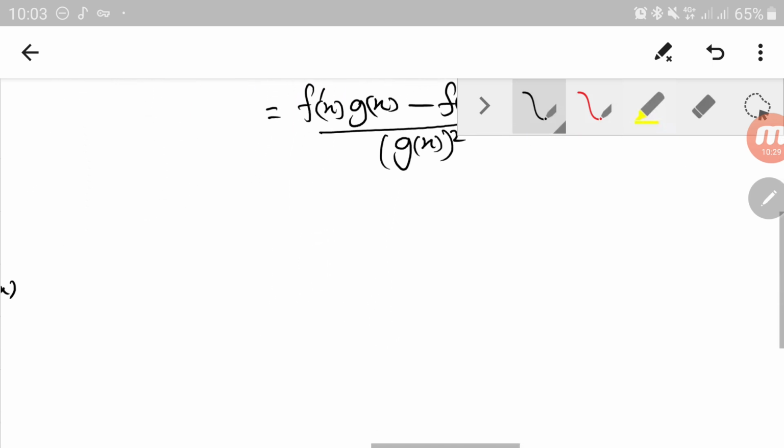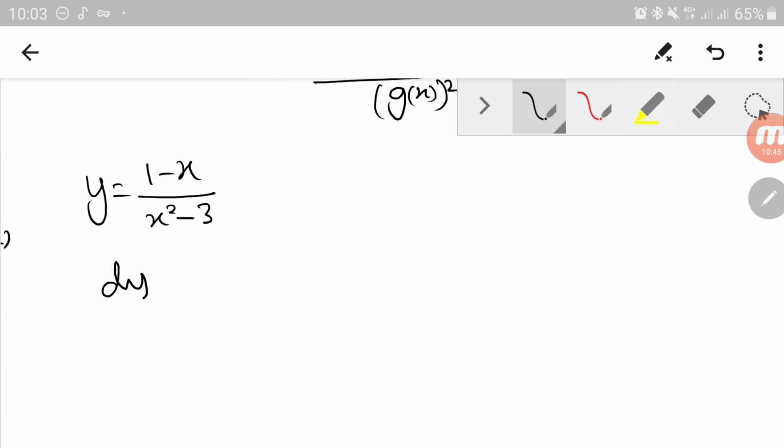Okay, so maybe one example: y equals (1 minus x) over (x squared minus 3). For this one, dy/dx, the numerator is u and the denominator is v.